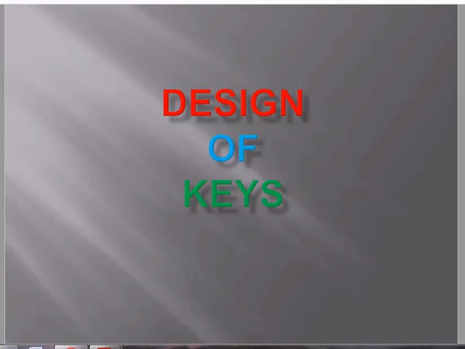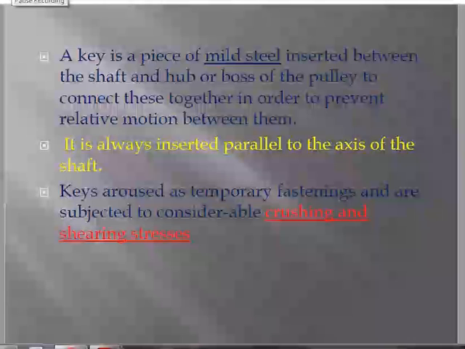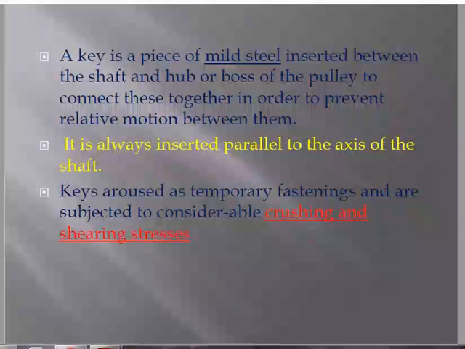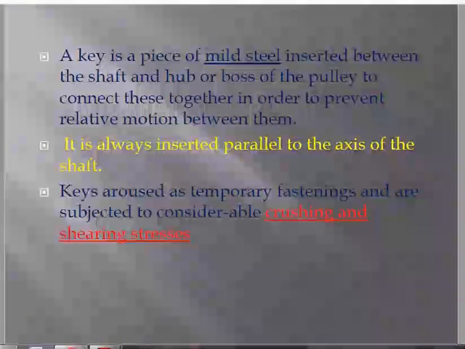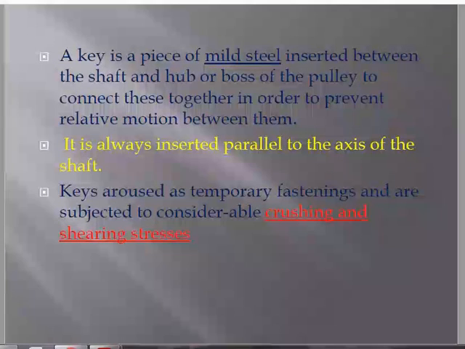To start with the design of keys, first let us understand what is key and what is its function. In general, a key is used to connect two pieces in such a way that there is no relative rotational movement between them. So we can say key is a piece of mild steel.